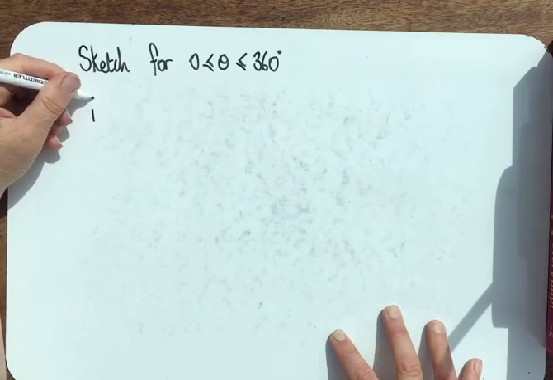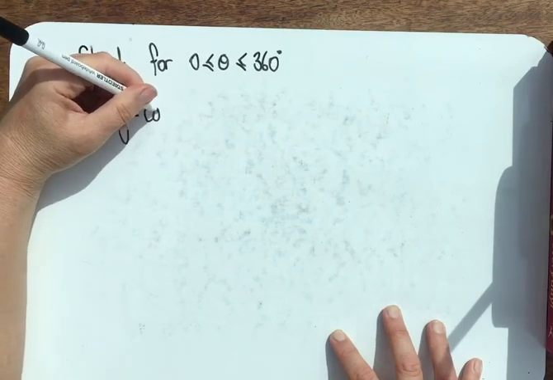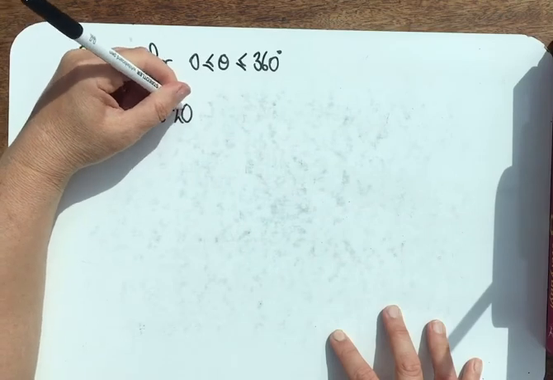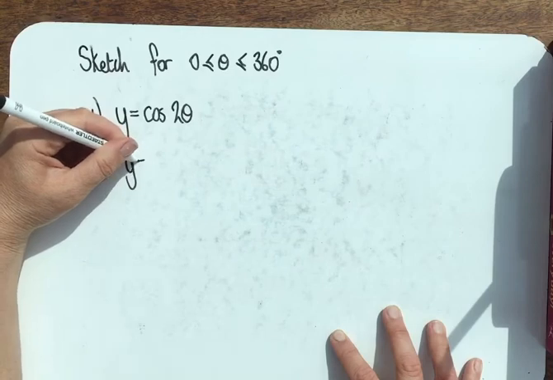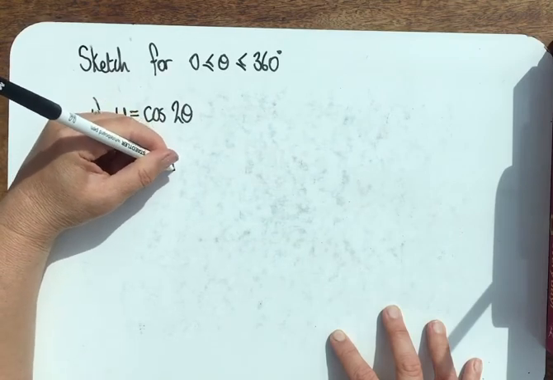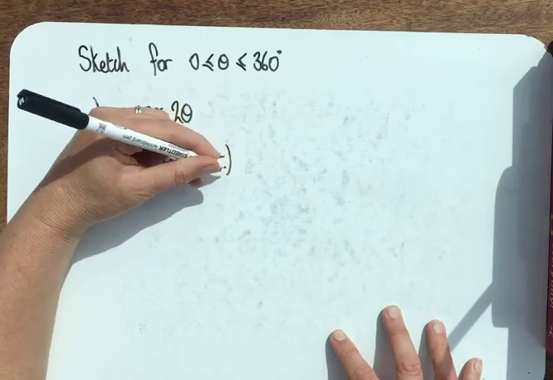So first of all, y equals cos 2 theta. Secondly, y equals sine of theta minus 45.